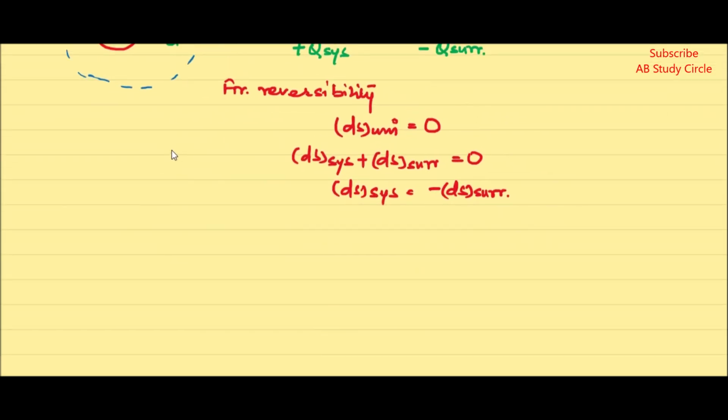As it is a reversible case, we can write directly minus d cut Q for the surrounding by T0, the temperature of the surrounding.